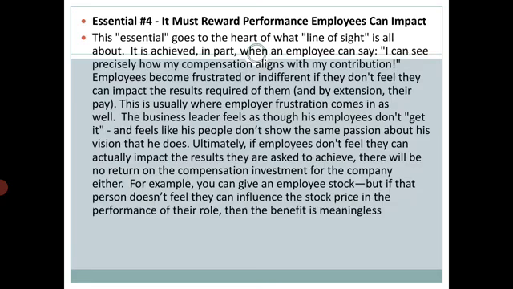Employees become frustrated or indifferent if they don't feel they can impact the results required of them. This is usually where employer frustration comes in as well. The business leader feels as though his employees don't get it and don't show the same passion about his vision that he does.